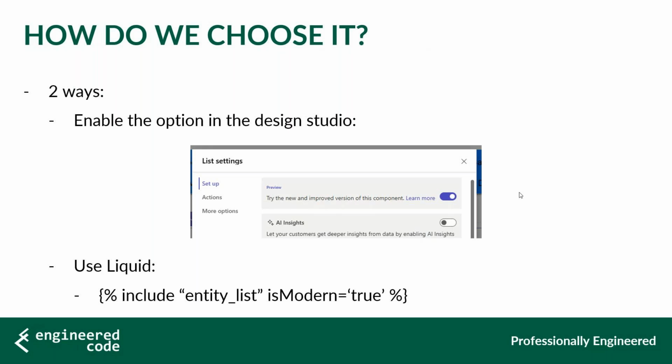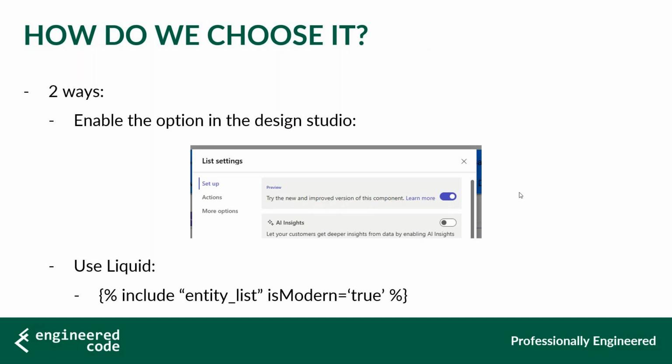So if you're in the design studio, flip the switch. If you are including it using VS Code for web integration or something like that, just set the is modern true attribute. That decides the behavior within the entity list web template, because that liquid include statement is including a web template onto the page.